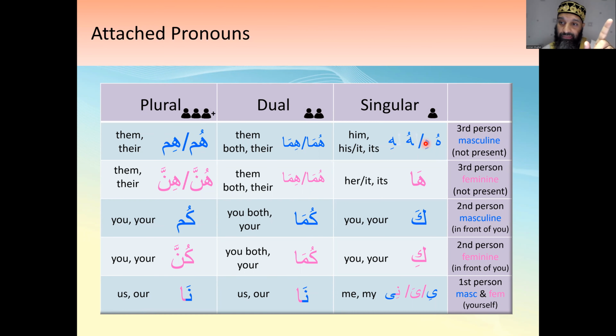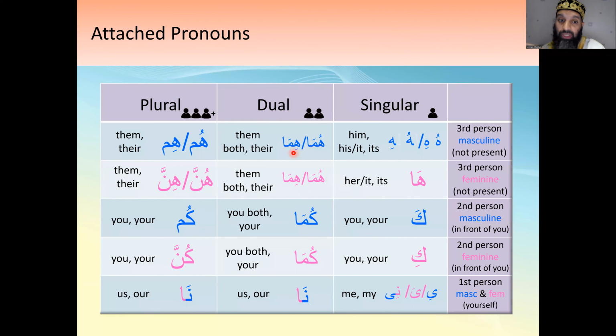Huwa, which we did last week, was he is. He is a believer. They all are believers. But this one now is talking about an actual item like kitabuhu, his book. Kitabuhuma, their two's book. Kitabuhum, their all's book. That's right.